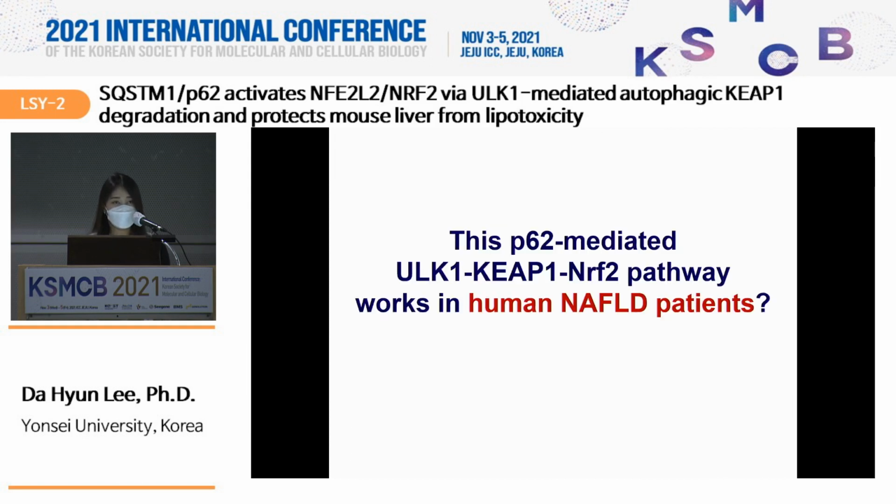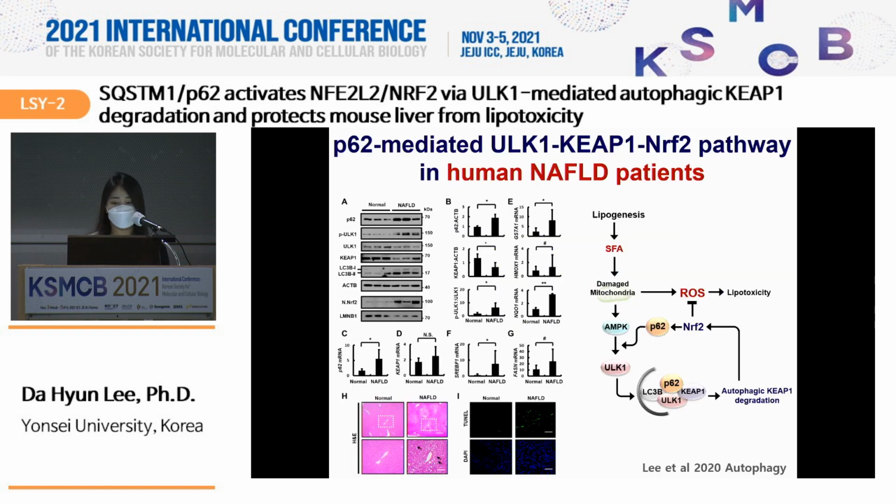Lastly, to identify the clinical significance, I performed experiments using the livers of human NASH patients. As you can see in panel A, P62 is increased in the livers of NASH patients compared to normal individuals.